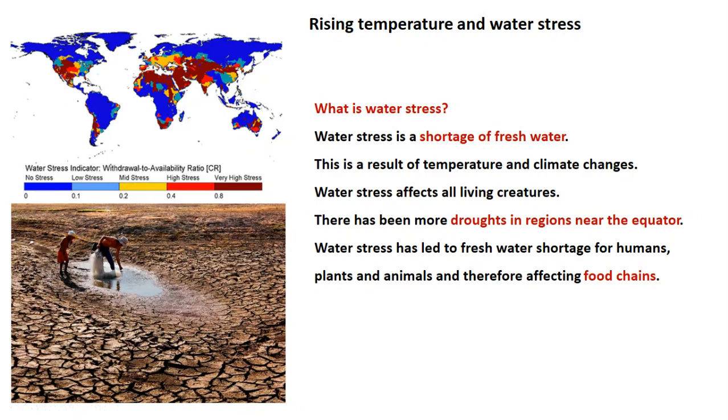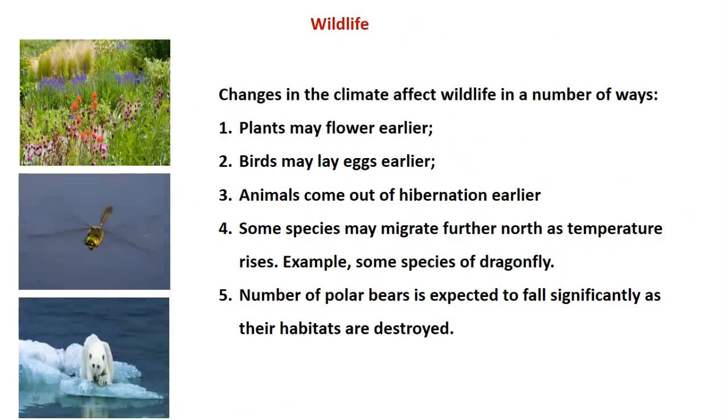Please remember that carefully, shortage of fresh water. There have been more droughts in regions near the equator. Water stress has led to freshwater shortage for three main things. Number one, humans. Number two, plants. And number three, animals. And because of this, food chains are being affected, because if one or two animals are missing from the food chain, then the one level up wouldn't be able to get the food that it needs.